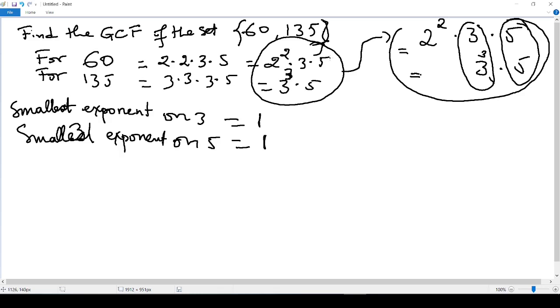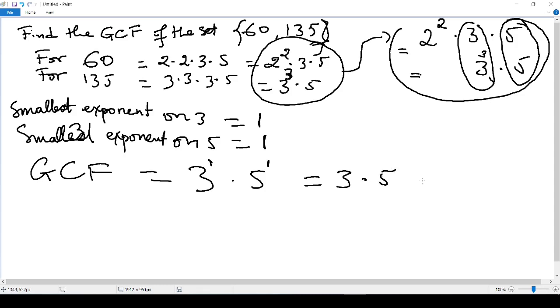When you don't see any exponent on a number, that means 1, right? Finally, in step 5, the GCF is 3 to its lowest exponent, which is 1, times 5 to its lowest exponent, which is 1. When the exponent is 1, we just write 3 times 5, and our result is 15.